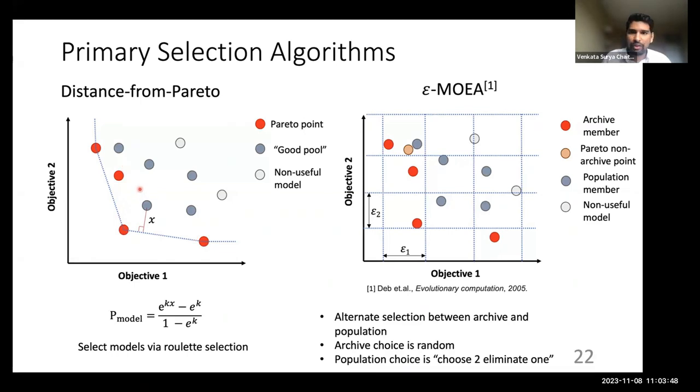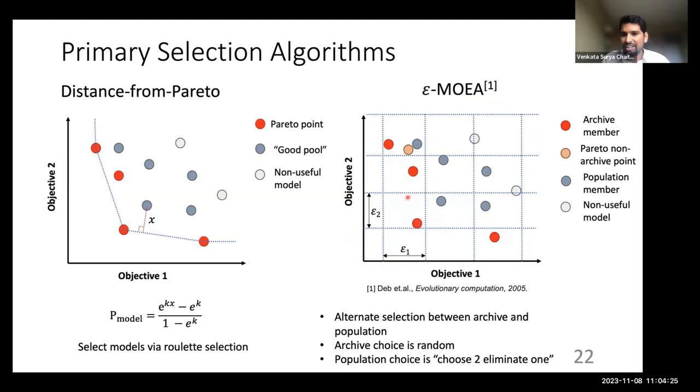So here we use two different algorithms. The one on the left is called distance from Pareto, where we create a convex hull with the Pareto points, and we calculate the perpendicular distance of each point from the convex hull. And that corresponds to the overall value of the data point, which is used to determine the selection probability for that particular point. On the right, we have the epsilon MOEA, multi-objective evolutionary algorithm, where we have epsilon values for each objective function, and this determines the grid size.